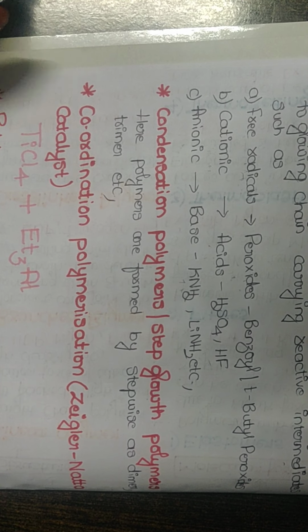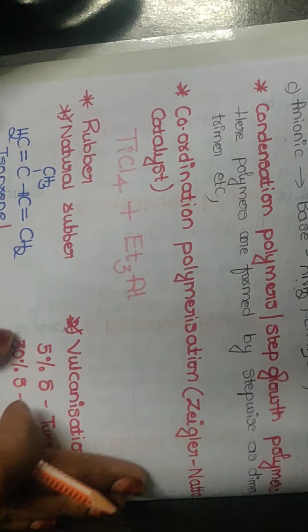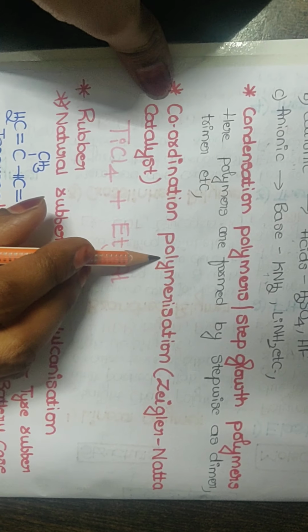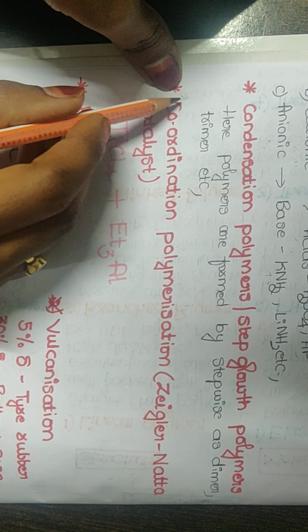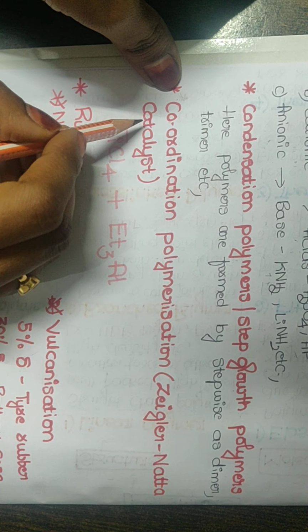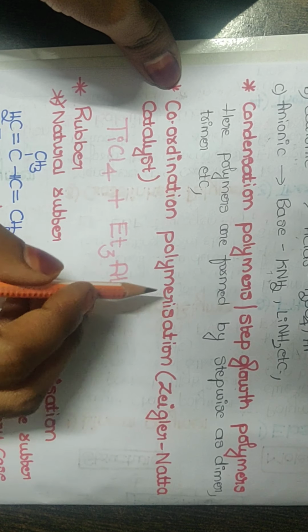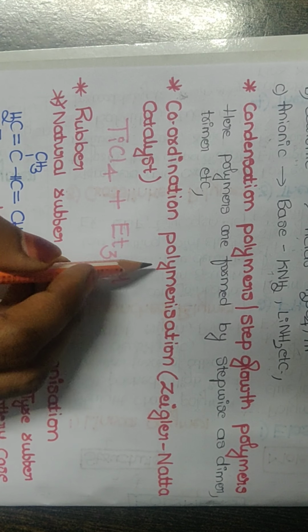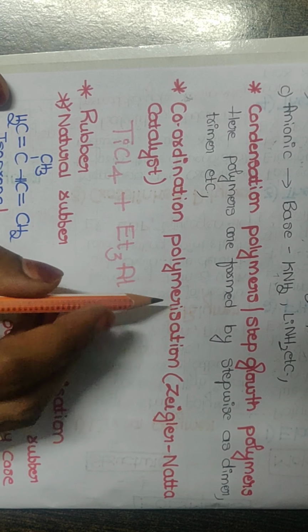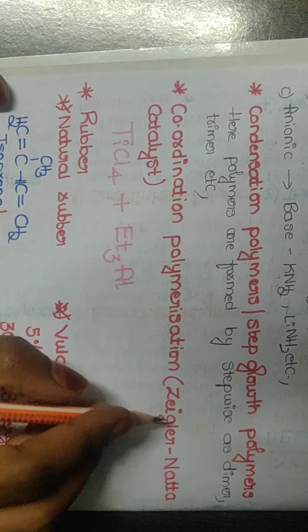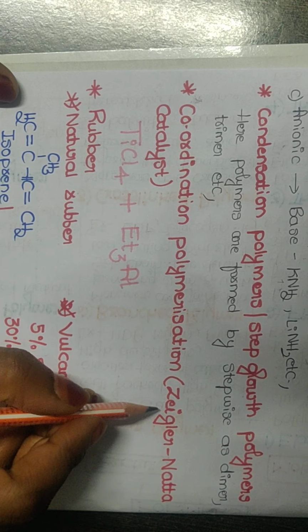So let us talk about coordination polymerization. This topic I'll be covering again at the last, but here coordination polymerizations are those polymerization reactions which are brought about by adding a solid catalyst.